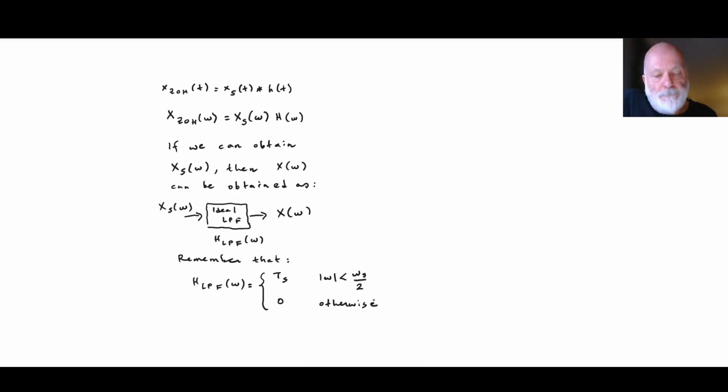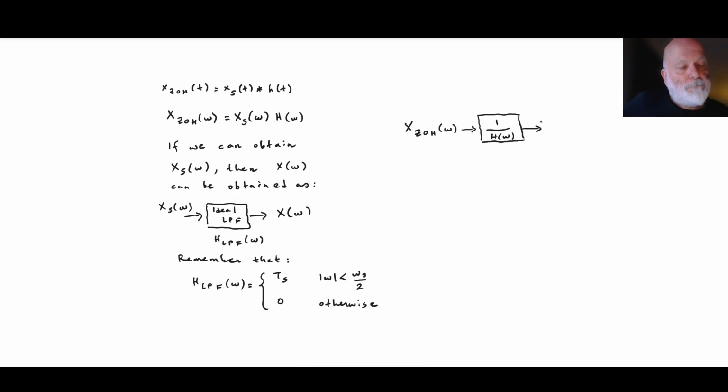Now, in fact, if we start with X_ZOH of omega, and we feed it to the system whose frequency response is 1 over H of omega, we are going to obtain X_s of omega.